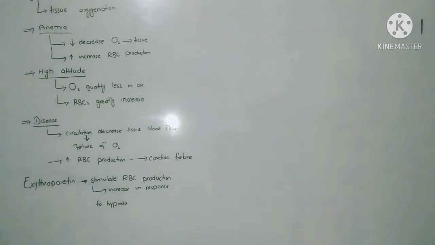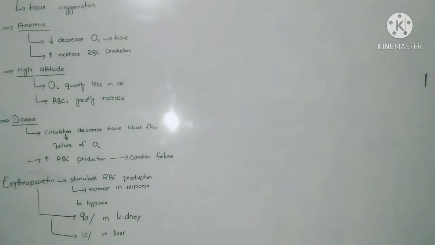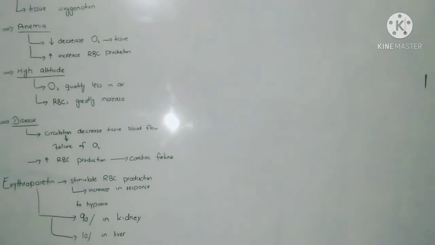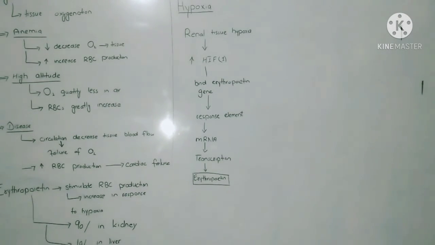Erythropoietin stimulates RBC production, which increases in response to hypoxia or a reduced number of RBCs. About 90% of erythropoietin is produced in the kidney, while 10% is produced in the liver.